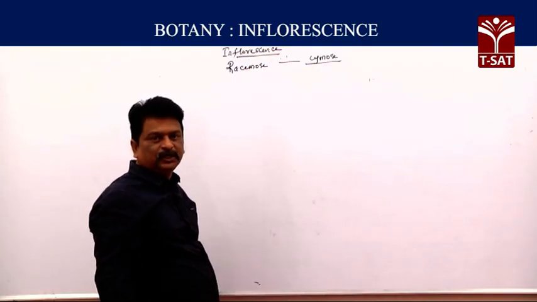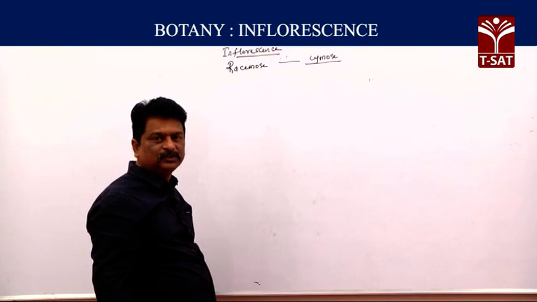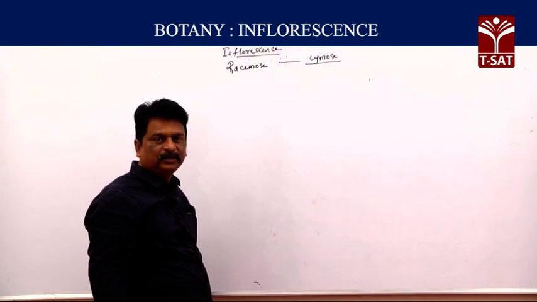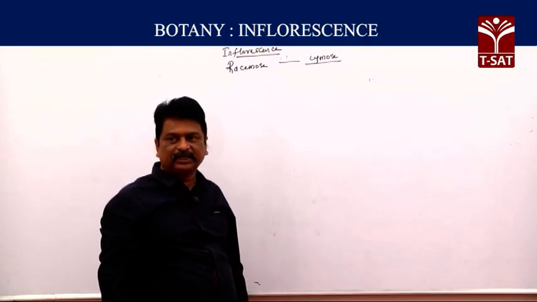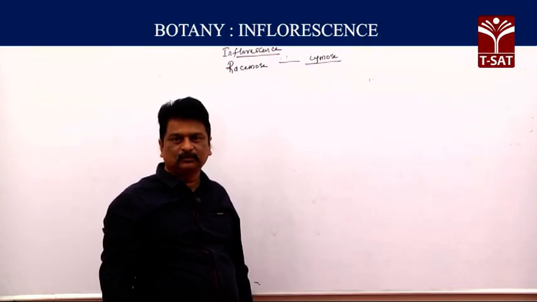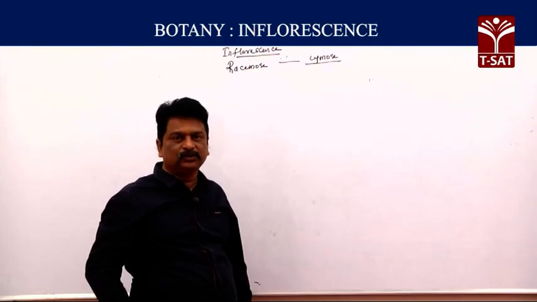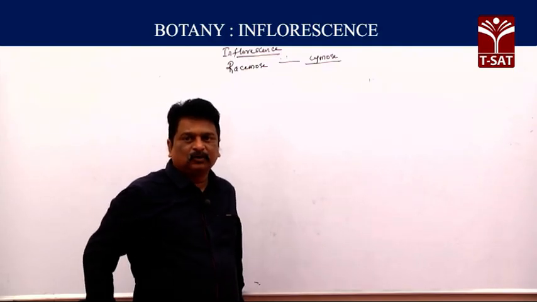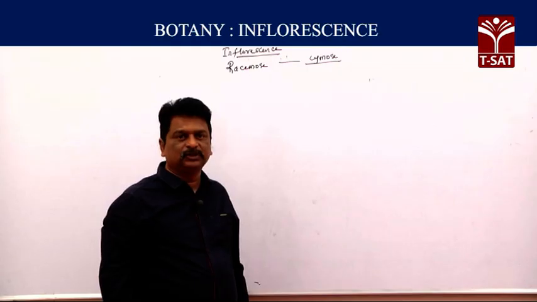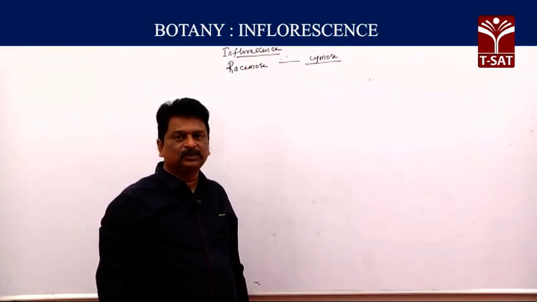Racemose and cymose. First, racemose inflorescence. In racemose, the peduncle grows continuously, so many flowers are formed.